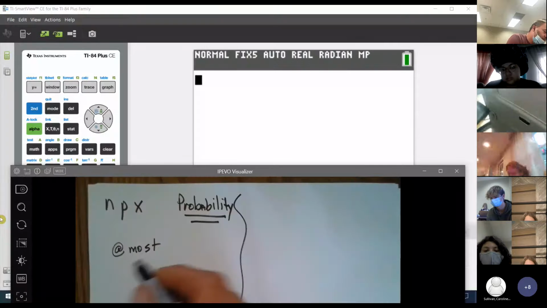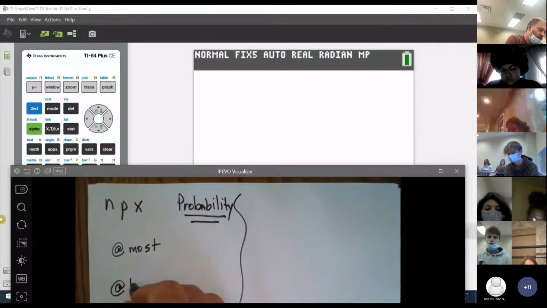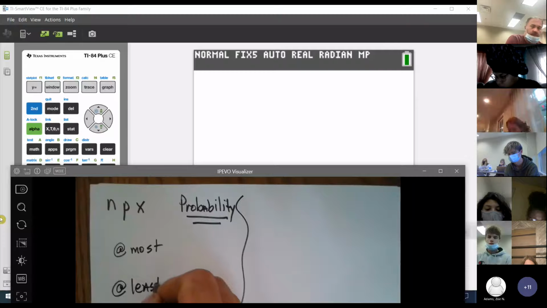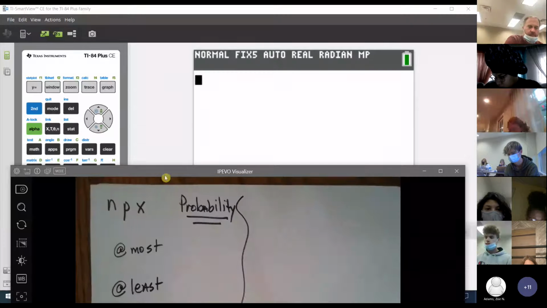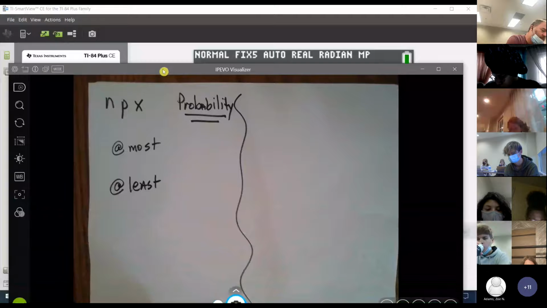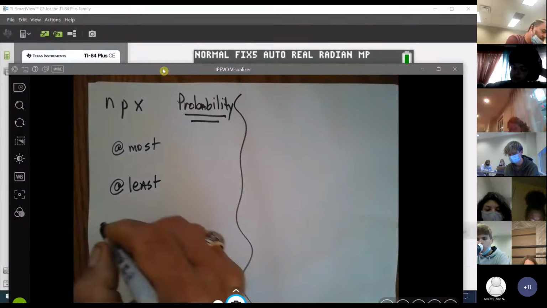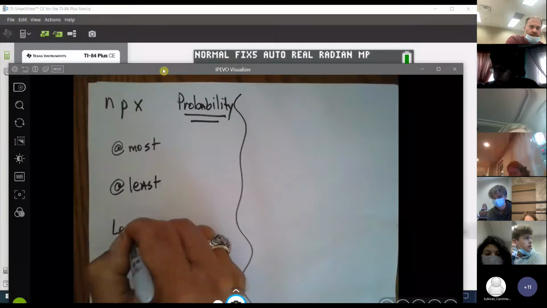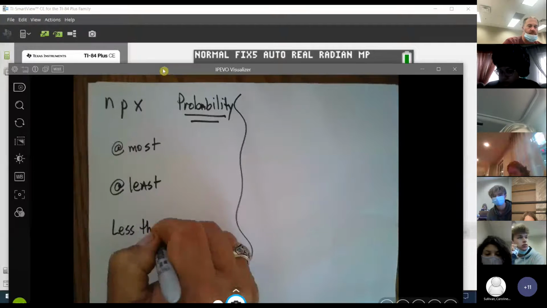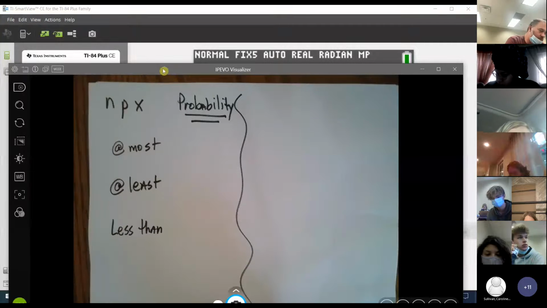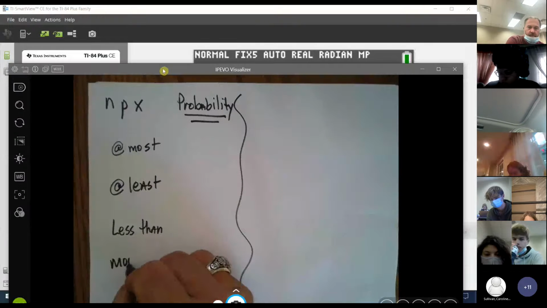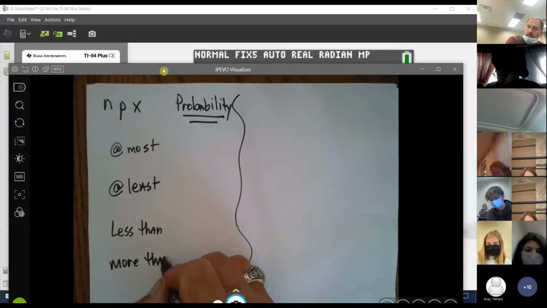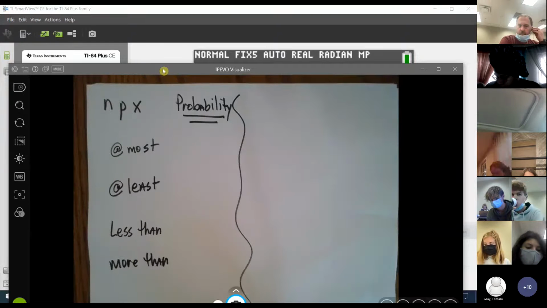At least means the lowest number is, like at least 2, your lowest number is 2. Less than 2 means 0 and 1. More than 2 means 3, 4, 5, and 6.